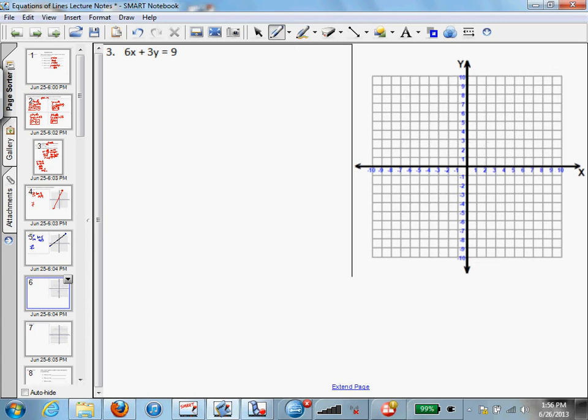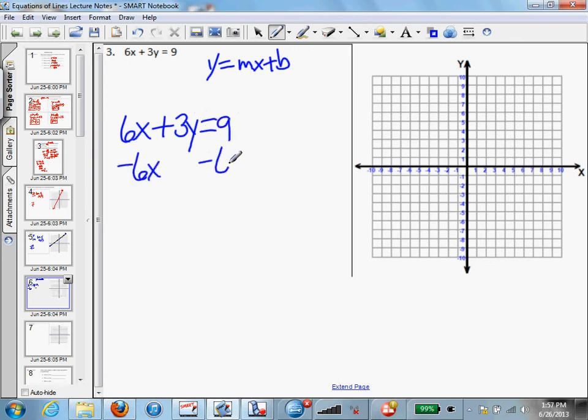Okay, with example 3, it is not in the y equals mx plus b form, so that's what we're going to have to do. So with this, we have 6x plus 3y equals 9. I want to work with getting this x away, so let's subtract 6x on both sides. We're left with 3y equals -6x plus 9.